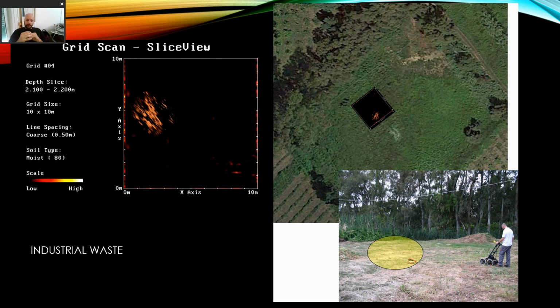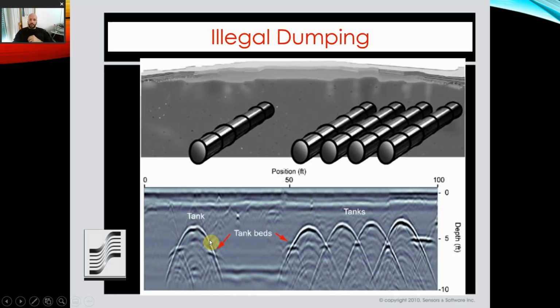So probably the mafia criminals buried industrial waste illegally in this field in 2013, and because of the slope, this industrial waste moved from this area, the injection area was here, to the center of this field in which the GPR detected this anomaly.